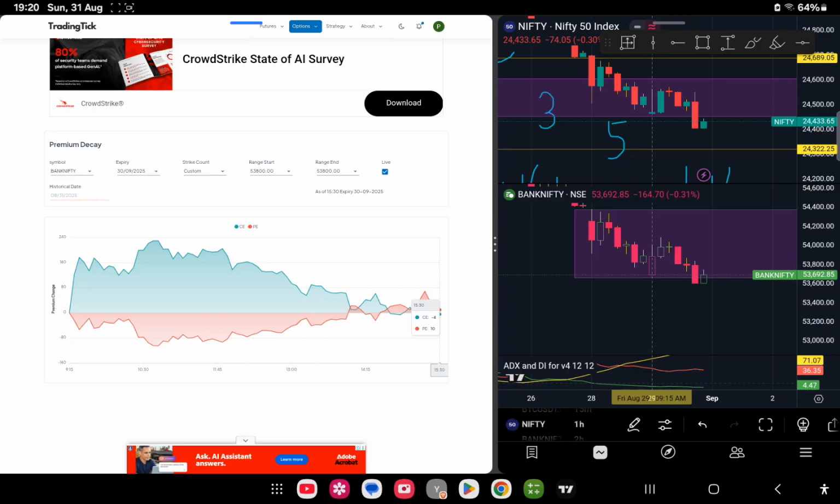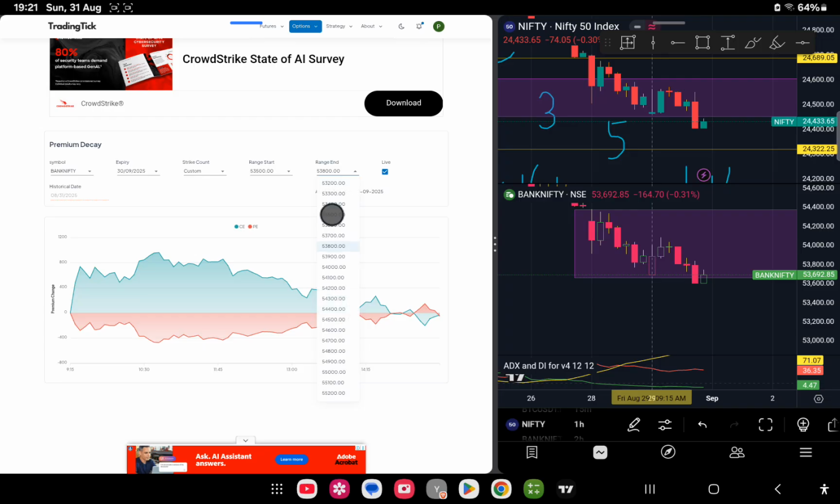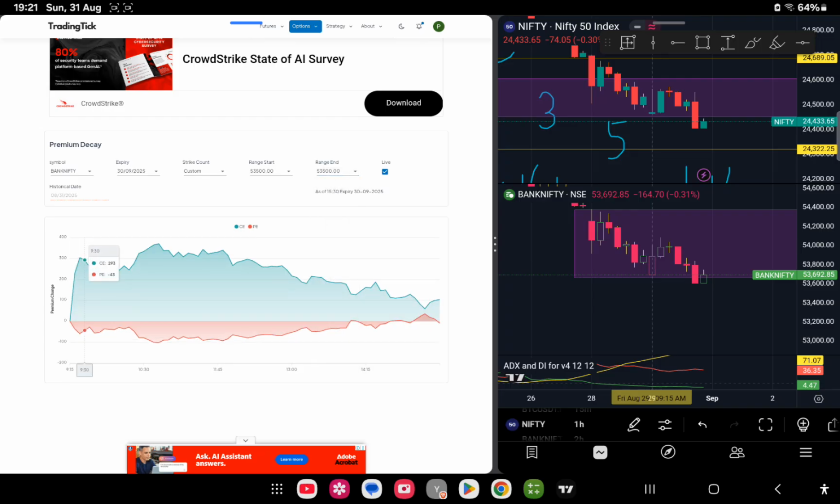If this is going to be the picture, then understand that this was a simple SL hunting strategy, the SL zone. Now we will customize this and take the 500 strike, which is a very good support, and here you could see from the start itself buyers were on fire.